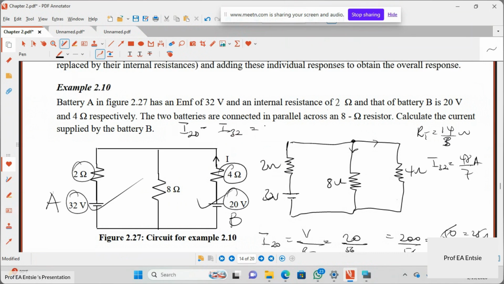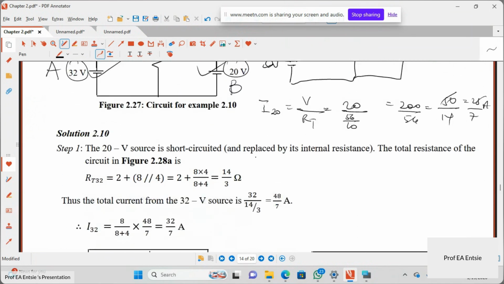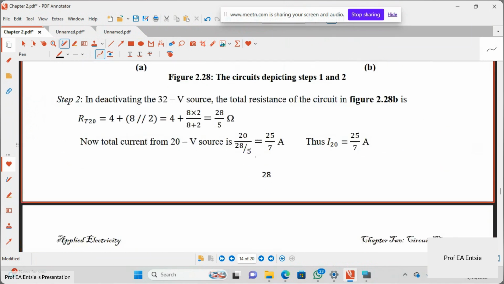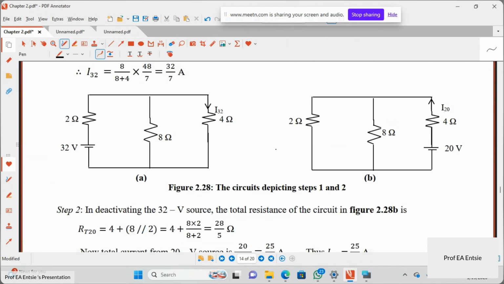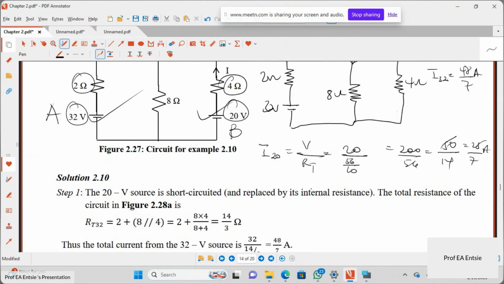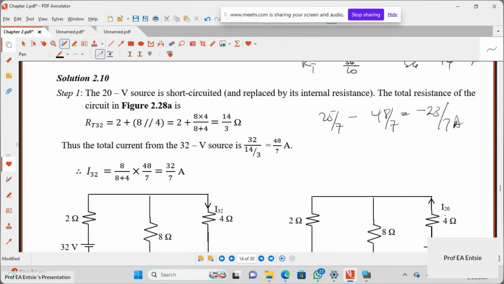So if you want current in battery B, it will be the current battery B produces when it was acting minus that of the 32 volts when it was acting. So if you do that, you get I20 minus I32. You have I20 as 25 over 7 minus I32 48 over 7. This will be negative amperes.